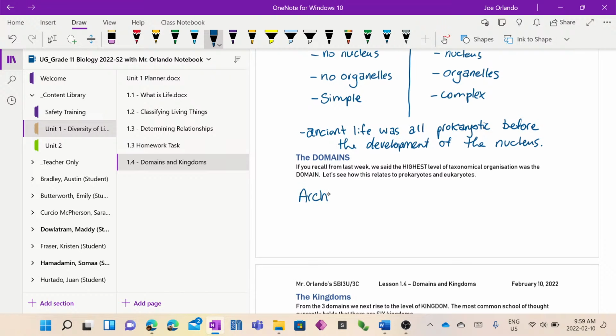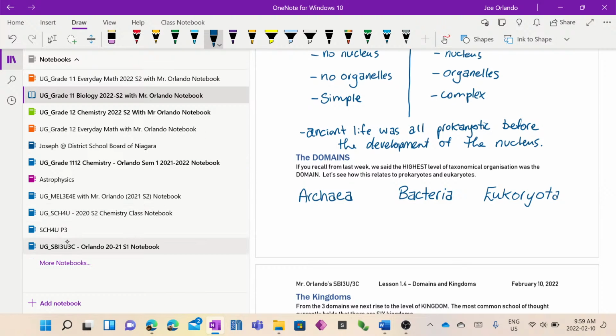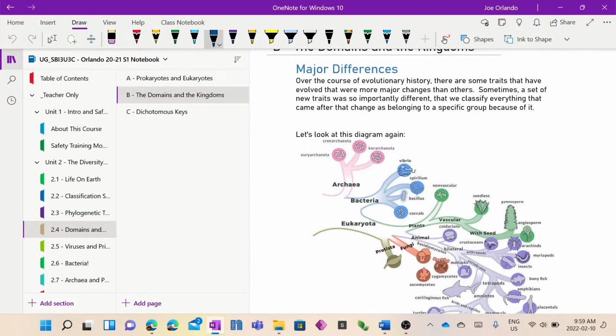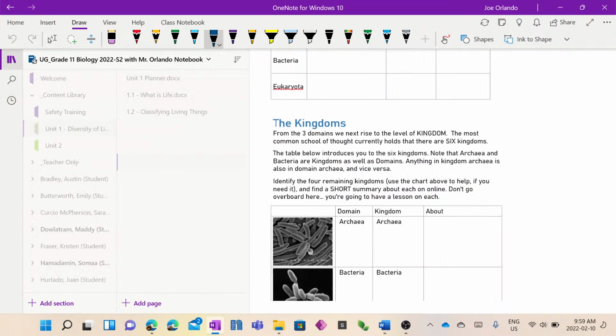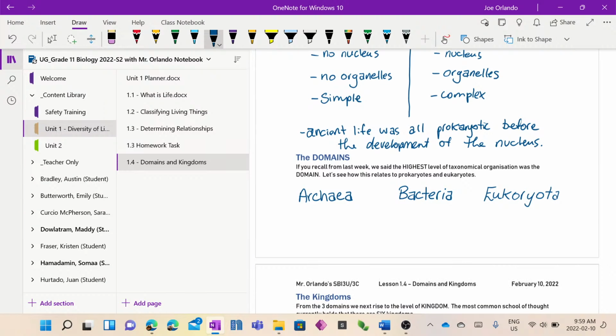Archaea, bacteria, and eukaryota. And I'm going to make sure I spelled that right too. So you can judge me if you like, but I don't like to make mistakes. Bacteria, eukaryota, Y-O-T-A.